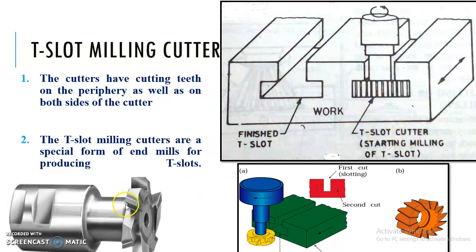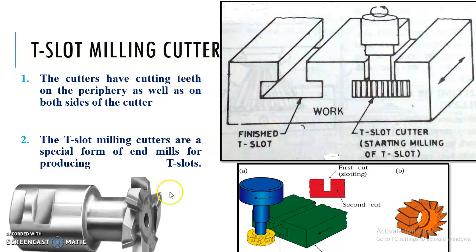This finished type of T-slot you can produce with the help of such a T-slot cutter. If you see the image of this T-slot cutter, you can see cutting edges on the side surface and on the periphery, but a special shape is given to this cutter. Here also a picture is shown where you can remove the bottom surface as well as the side surface with this cutter.